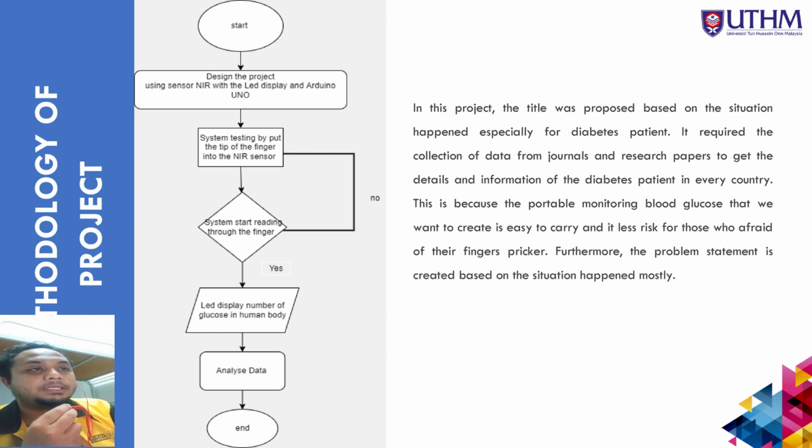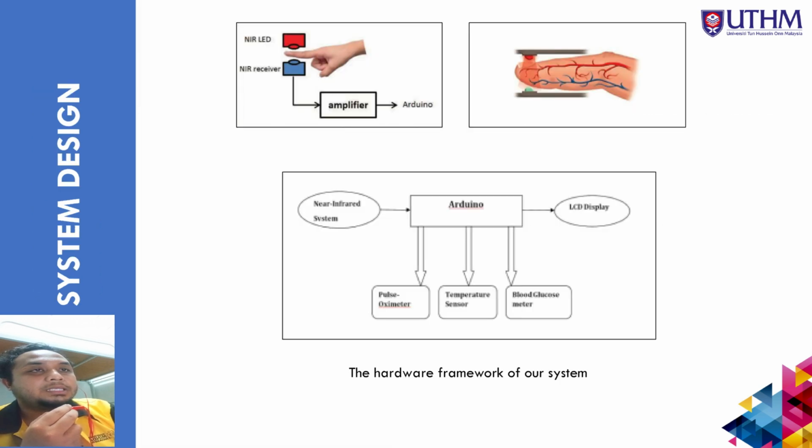If the sensor is not reading, we go back to system testing and put our finger in again to try to get the result. If yes, we get the result, and the LCD displays the amount of glucose in the human body. After that, we analyze the data and compare it with the non-invasive and invasive types.